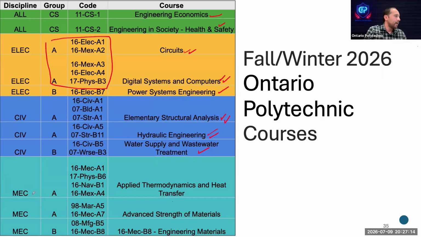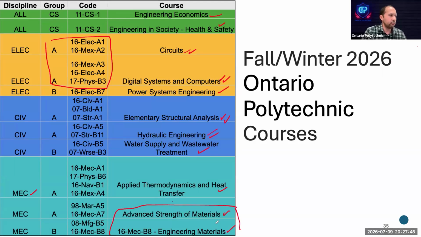If you are a mechanical engineer, from group A we offer thermodynamics and heat transfer and advanced strength of materials, and engineering materials from group B. That doesn't matter. I personally suggest these two because they are in the same kind of category of material.